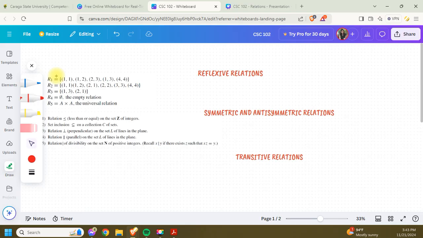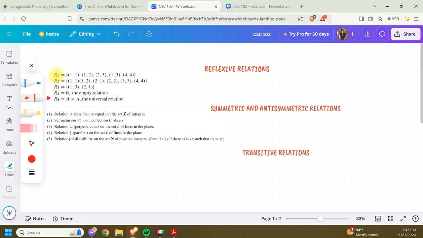If you look at R1 here, it has 1, 1. And then, nothing else. So, since 1 is in the relation, and 2 is here too, there must also exist 2, 2, no? And as you may have noticed, 3 is also there, so there must also exist 3, 3.